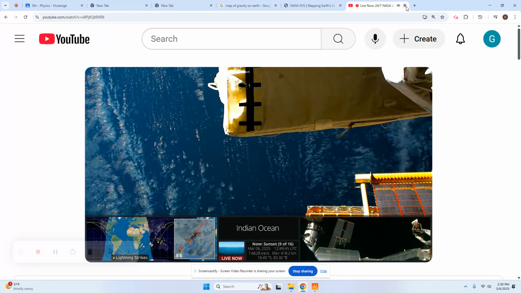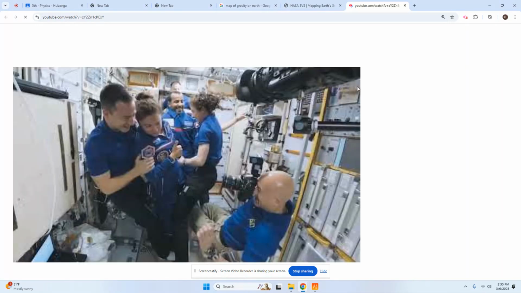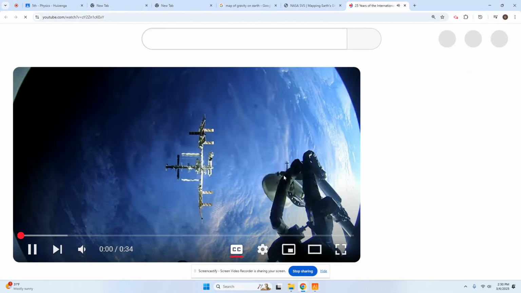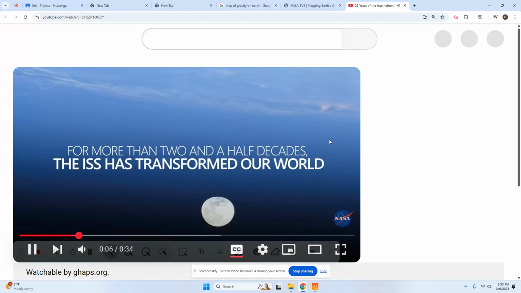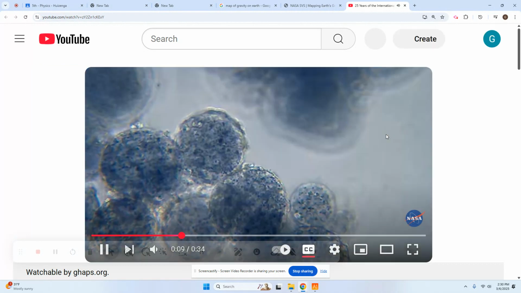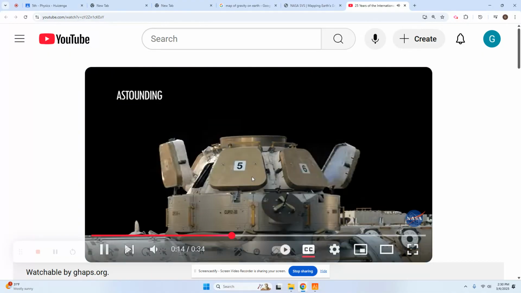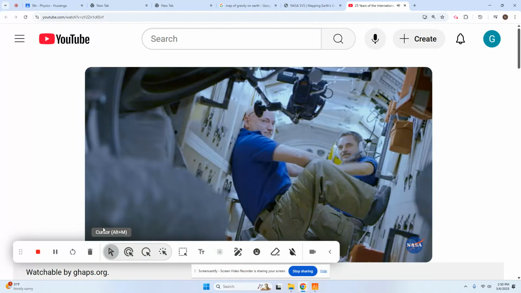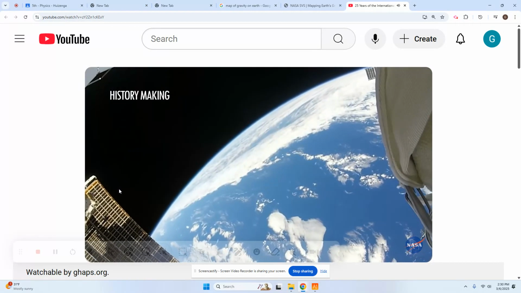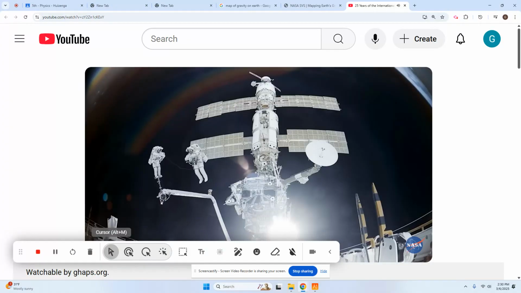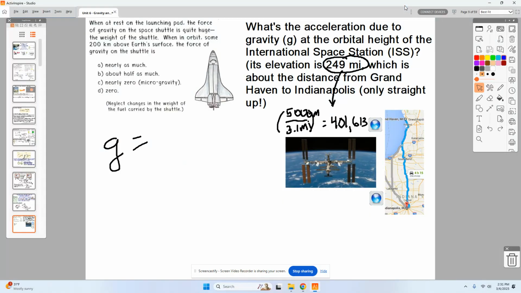And people seem to be weightless up there, but they're really not weightless. They seem to be floating, so you'd think that G is zero up there. What is G up there?